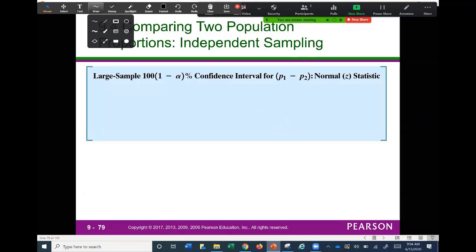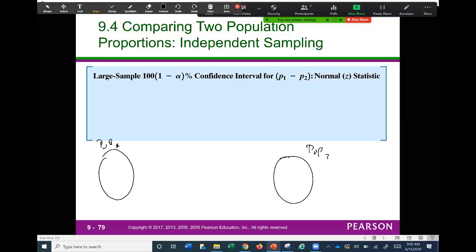To compute a confidence interval, we have two populations, population 1 and population 2. We select a sample here and we select another sample here. We compute sample proportion 1 and sample proportion 2, and the difference between p1 minus p2 will be approximately the difference between my sample proportions.